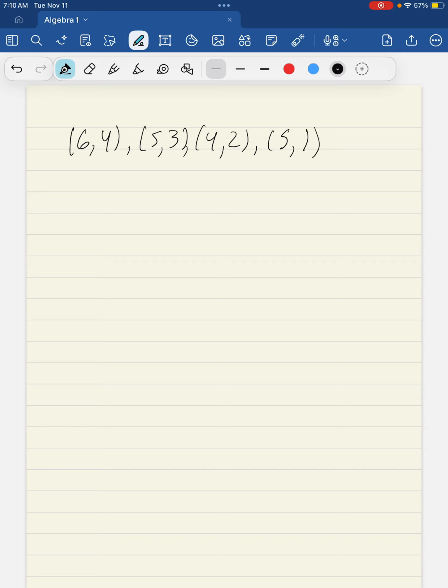So this is example 1. So right here you can see, okay, we've got one 6, one 5, one 4, and a 5. Uh-oh, I used the same 5 right here. That's a problem, okay? Because the 5 goes to 3 and the 5 goes to 1, this is not a function.